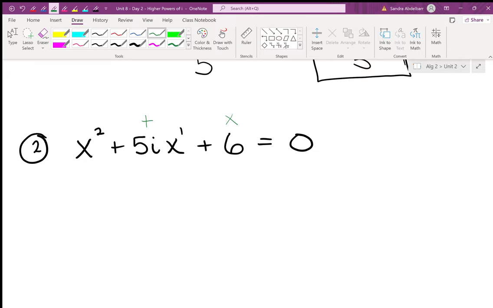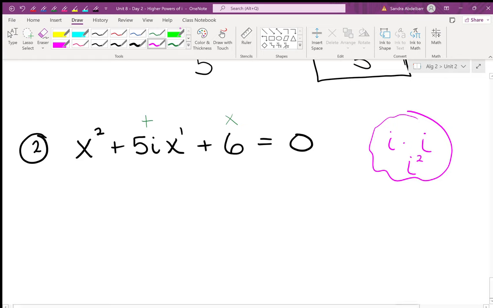So when we come to break down, we know that we need an i and an i, right? I'll write it over to the side. We need an i and an i. Well, what's i times i? i squared, which is really what? -1, right?